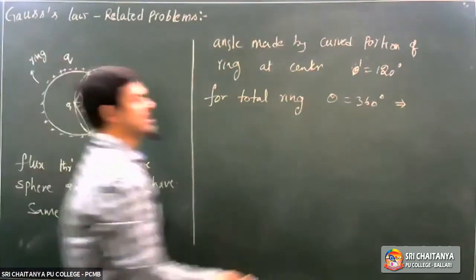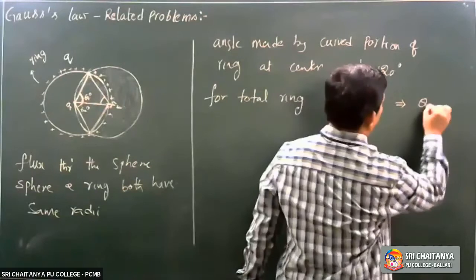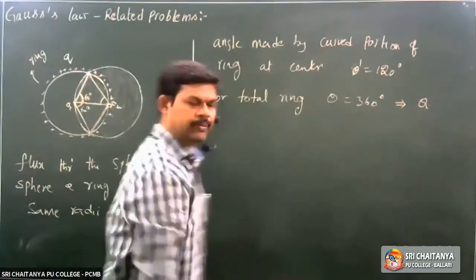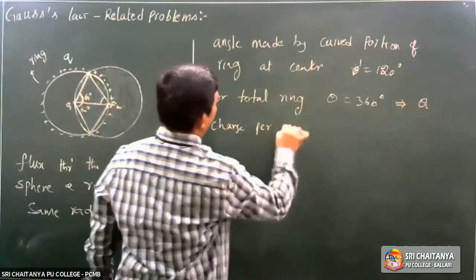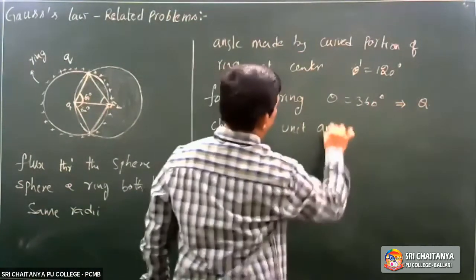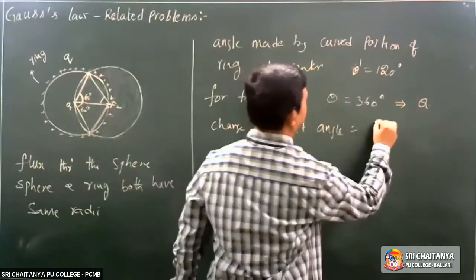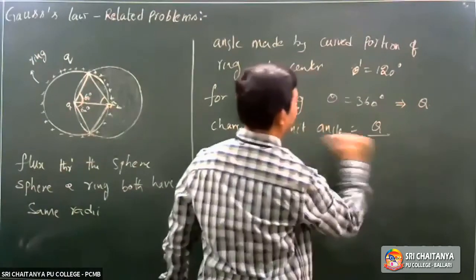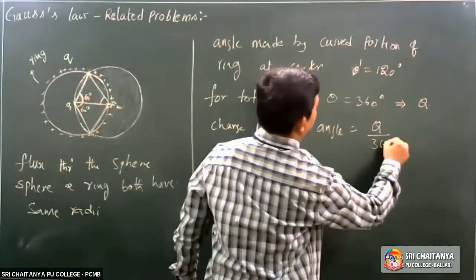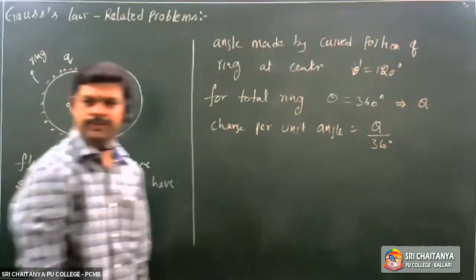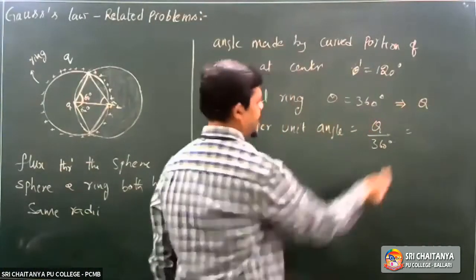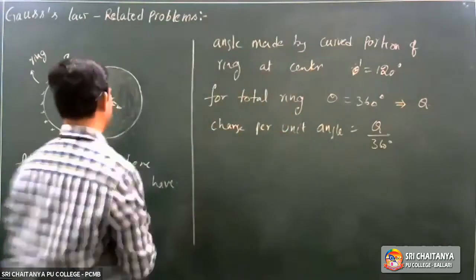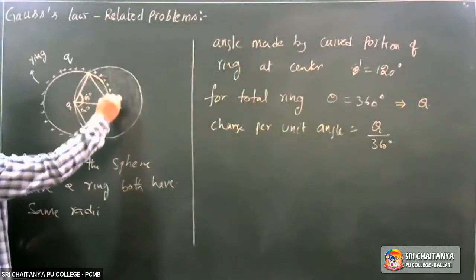So for the angle 360, charge is Q. Charge per unit angle, how much? Q by 360, or Q by 2 pi, anything you can.